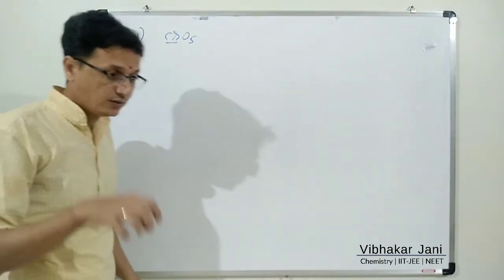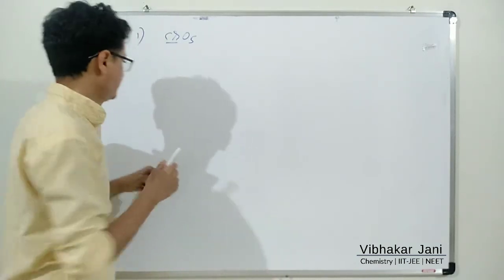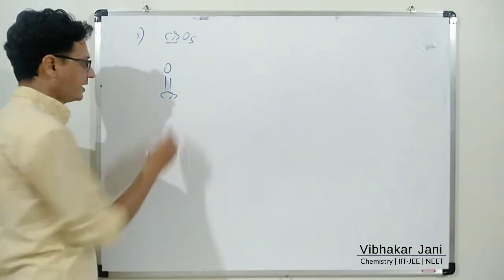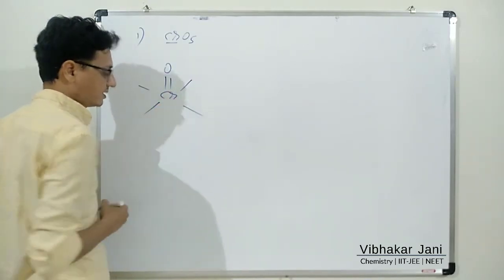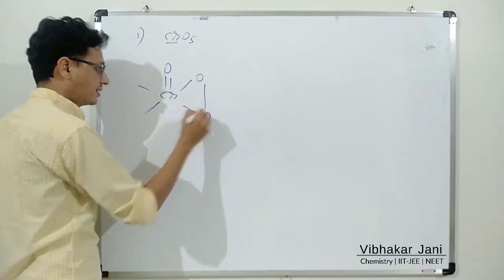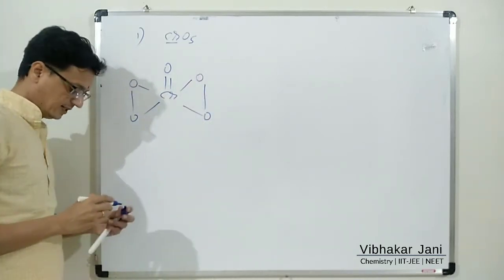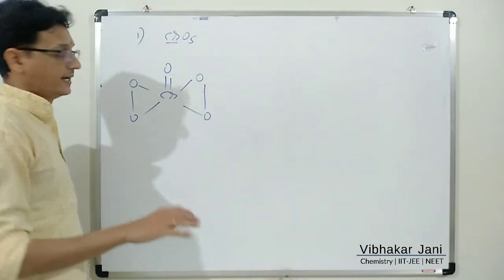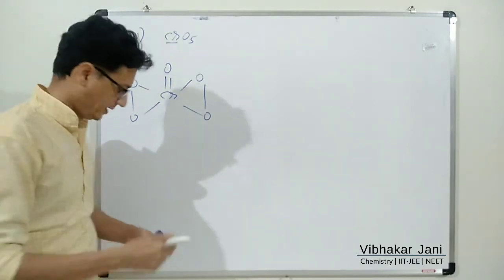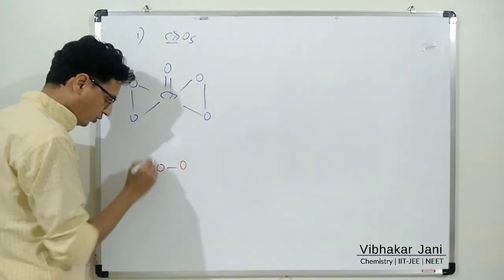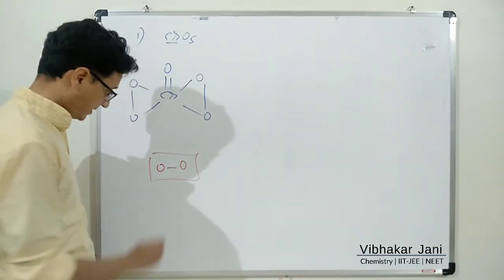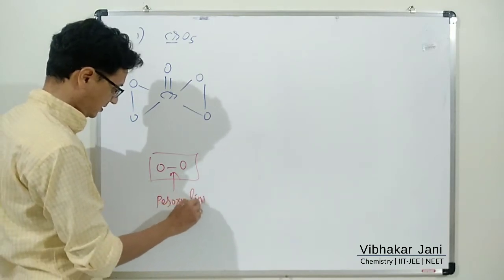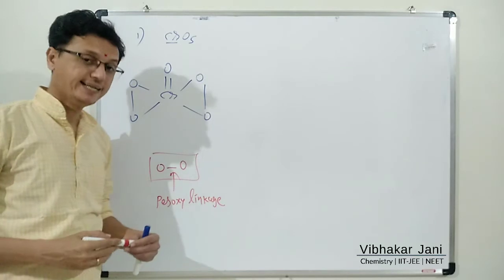Now the structure of CrO5 is Cr. There is an oxygen attached with a double bond, and there are 4 oxygens attached with single bonds, and these oxygens are attached with each other. So this is the structure of CrO5. Now, one new thing: if in any structure you see O single bond O anywhere, then such a bond is known as a peroxy linkage.